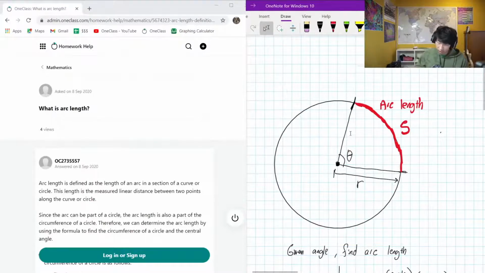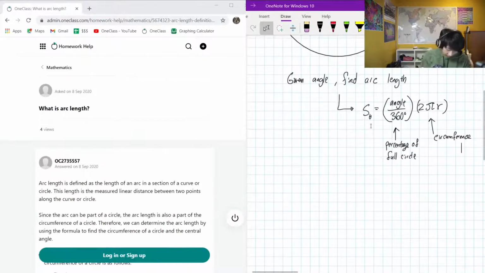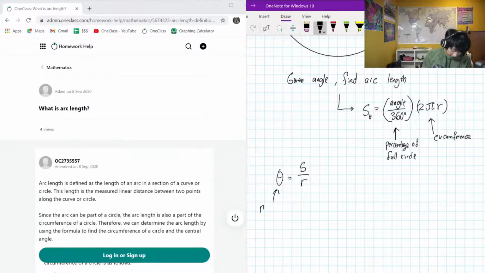Now, a good relationship between arc length, radius, and theta is as follows. Theta is equal to arc length over radius, and this is the angle in radians.